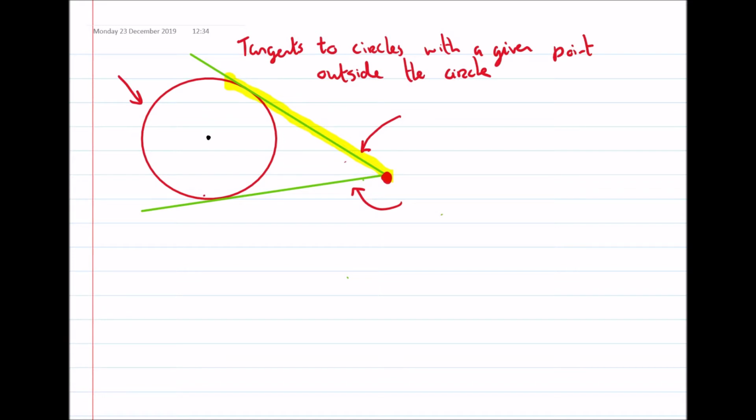A trick that we need to be aware of when doing that is, if I join where this tangent hits the circle straight back to the centre of the circle, and if I join that centre of the circle back to that point outside it, notice that this here is a right angle triangle, and if it's a right angle triangle then the rules of Pythagoras' theorem will govern it. So in that type of question we will be using Pythagoras' theorem a lot.